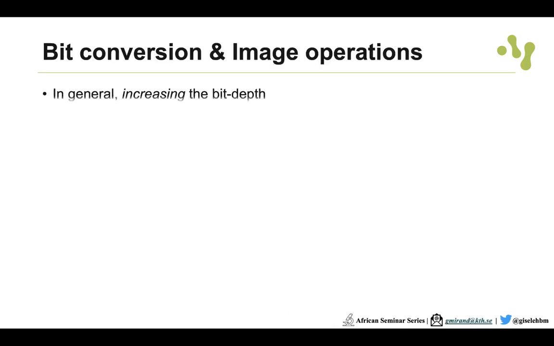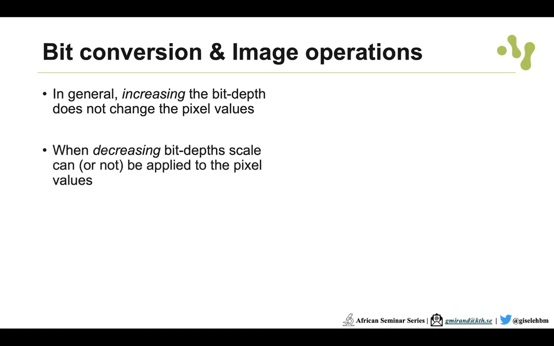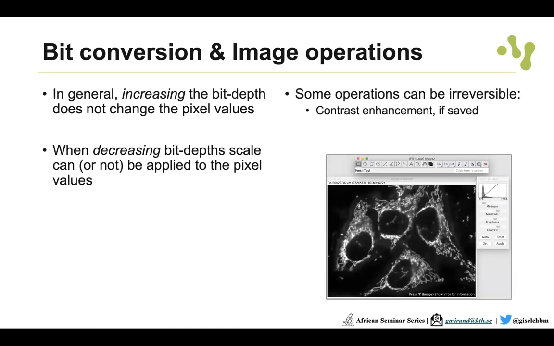Also, it's good to keep in mind bit conversion when you're dealing with images. In general, increasing the bit depth does not change the pixel value. So when you go from 8-bit to 16-bit, but when you go the other way around, scaling can or cannot be applied to pixel values. So if you're scaling, you are changing the pixel values.